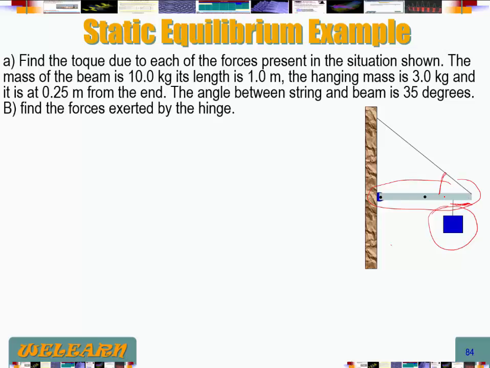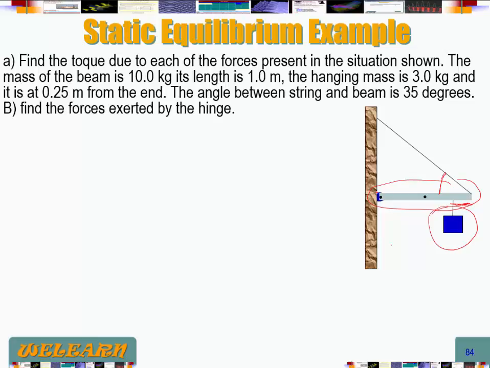So, strictly speaking, we can choose any point along the beam as the axis of rotation. But it is more convenient to choose the point at the pivot, because then we can handle the forces exerted by the pivot.